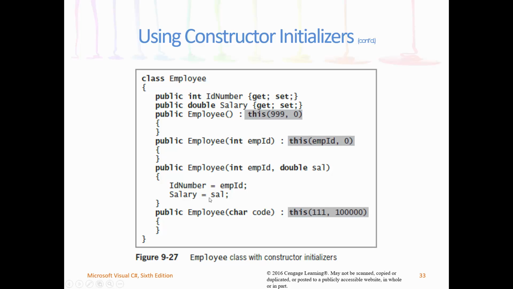Well, notice right here, what this is saying is, if I call this constructor with nothing in it, automatically it'll end up setting 999 to the employee ID and 0 to the salary.